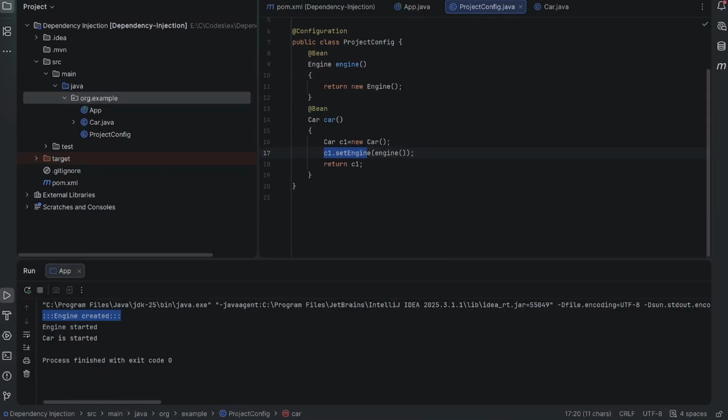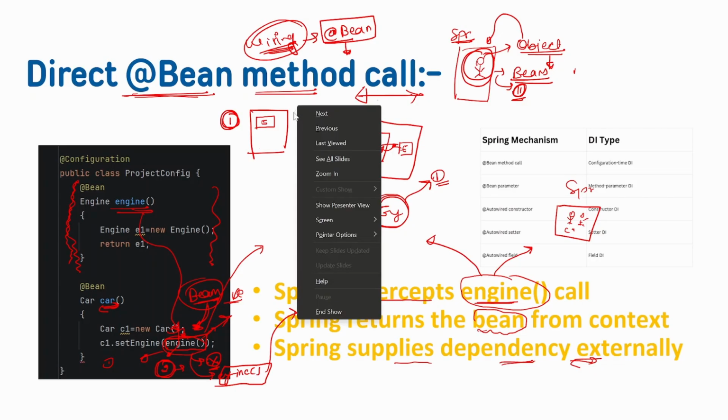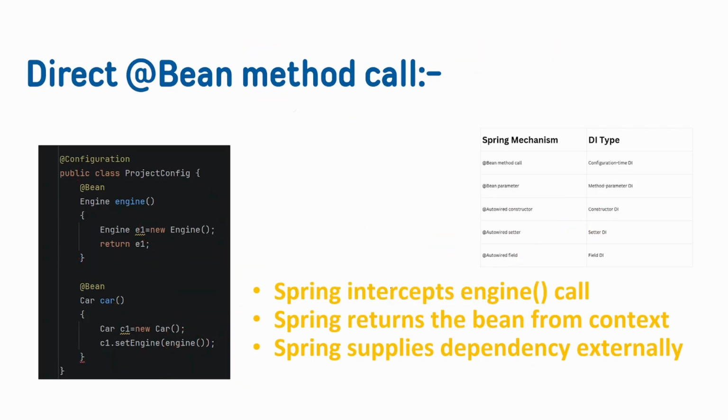So Spring intercepts this engine method call. This is very simple. Let's first clear the screen. When we call the engine method, Spring intercepts this call and checks whether the engine bean exists in the Spring context.